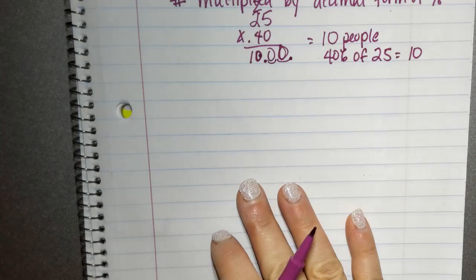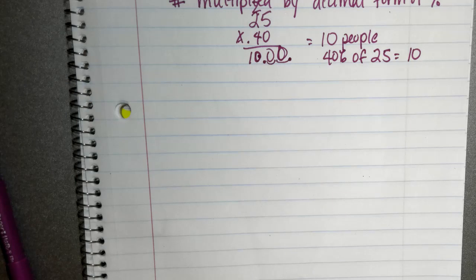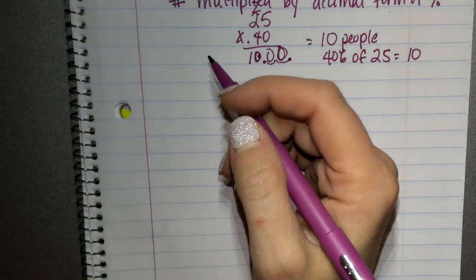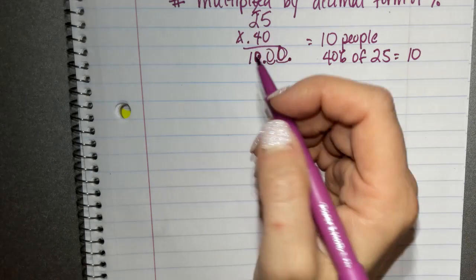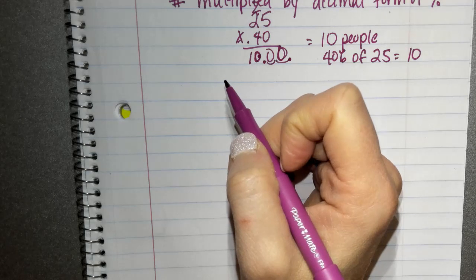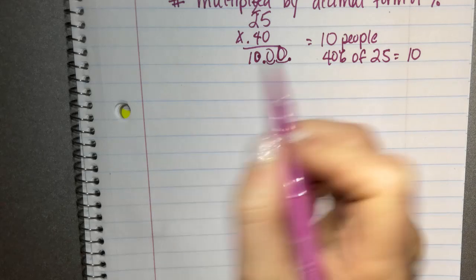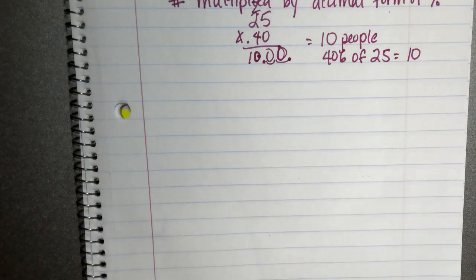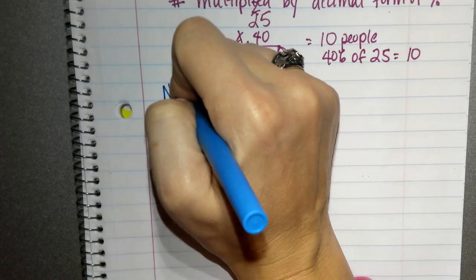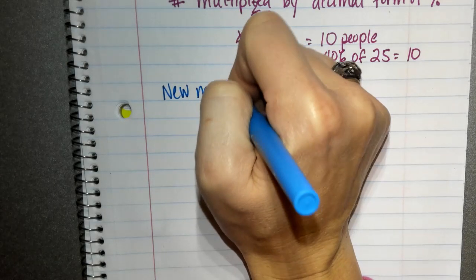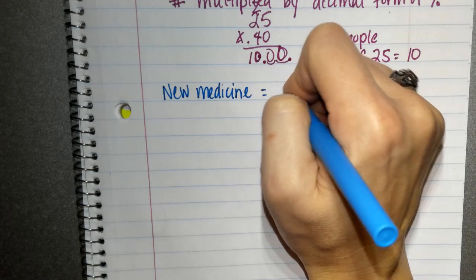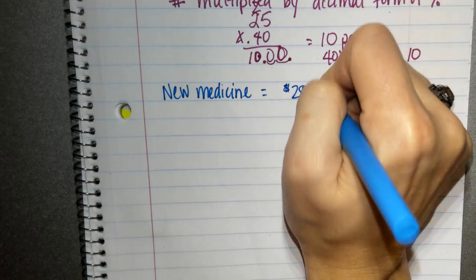All right, let's do another example. Okay, let's see here. If you found out that the new cost of your medicine, okay, I'm going to switch colors, the new cost of medicine is $28.35.